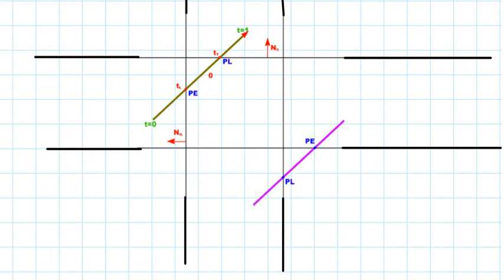Here in this example, you can find one potentially leaving point with respect to this extended right edge, and you find one potentially entering point with respect to this extended bottom edge. How?